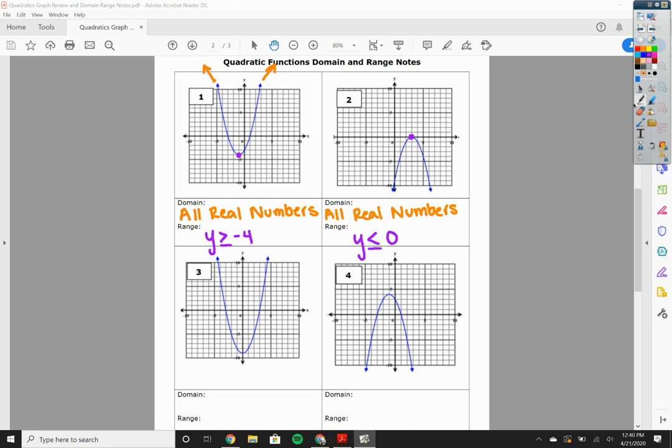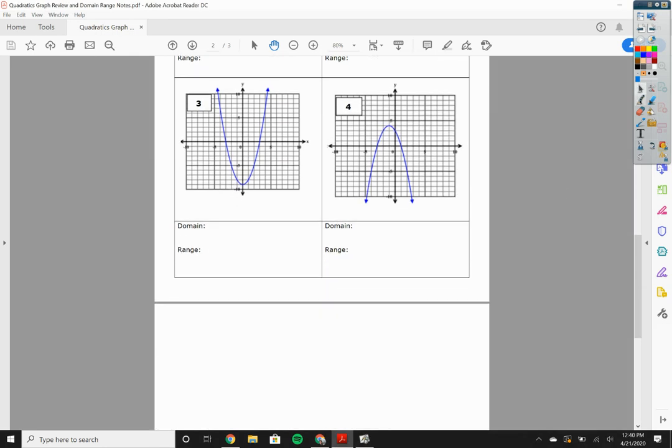All right. Last 2, number 3 and 4. I'm going to clear those. So number 3, domain again is going to be all real numbers. The range, we look at our vertex, and we know it's going to be y.